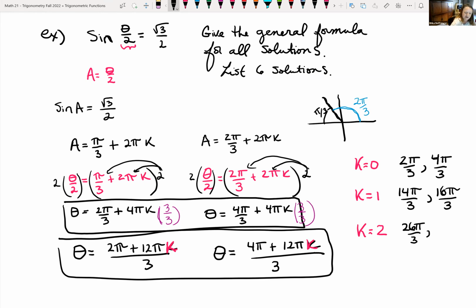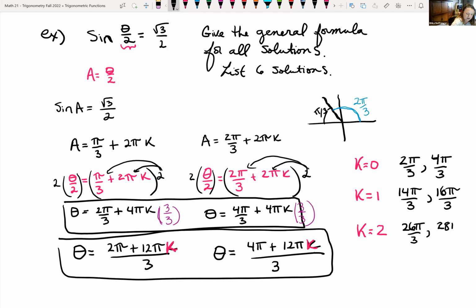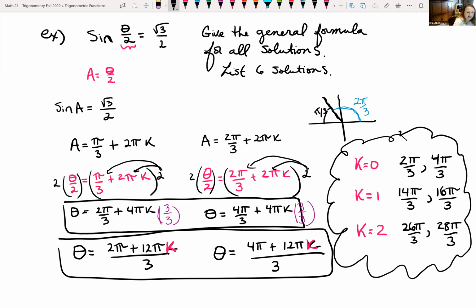Same idea, 2 for k, so that's 24 pi plus 4 pi, that's 28 pi over 3. So here are 6 solutions of the infinite number of solutions that we could have when our angle doesn't have to be between 0 and 2 pi.